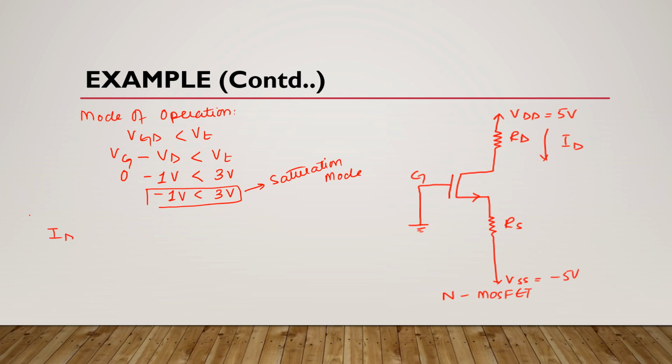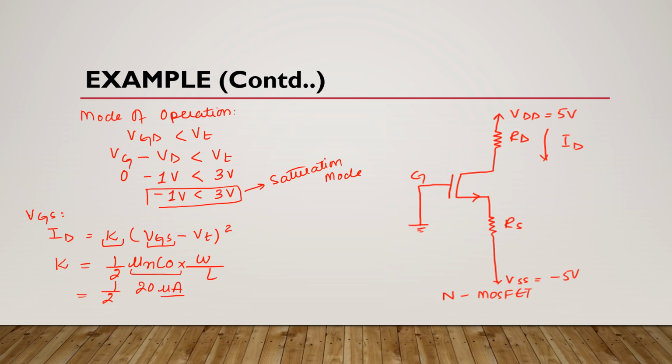Now we know that in saturation region the equation of drain current is this. Okay, now here this value of gate to source voltage is unknown, and for this first we have to find the value of K. We know that the equation of K is this. Here this term is equal to 20 microamperes per volt square.